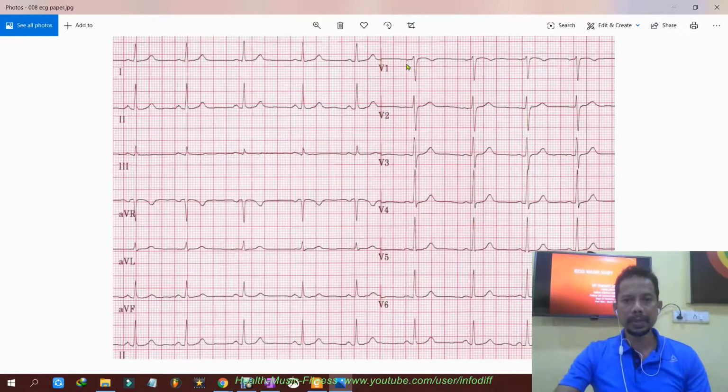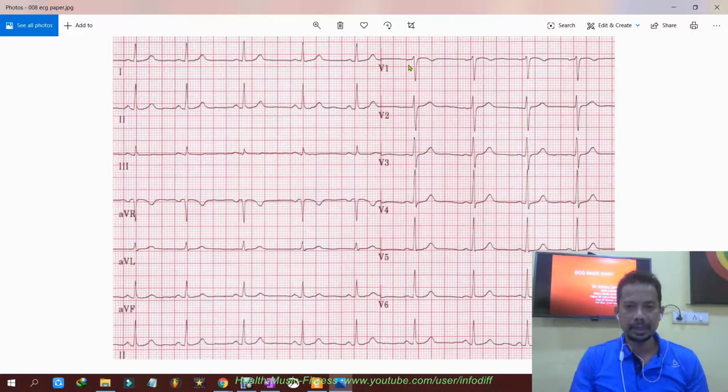Another thing to remember is that when we talk about the atria, we never say hypertrophy. You always say enlargement, left atrial enlargement, right atrial enlargement, because there is hardly any muscle for the atrium to hypertrophy. In the ventricles, there can be ventricular dilatation, there can be ventricular hypertrophy.